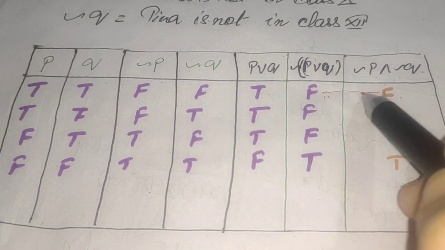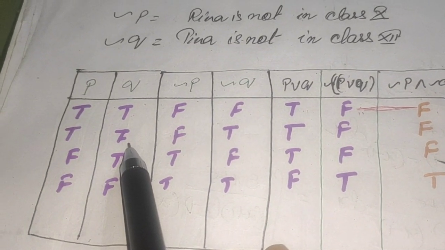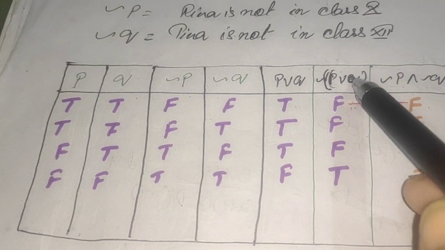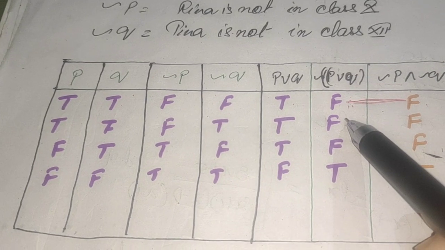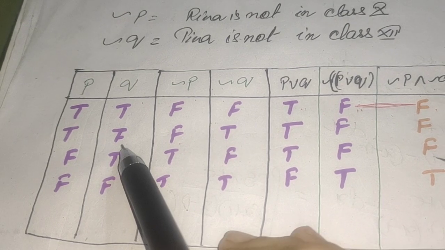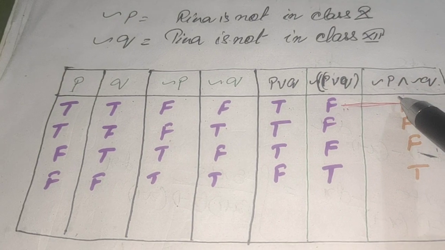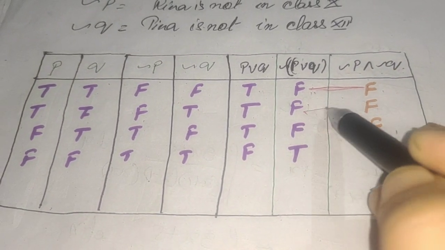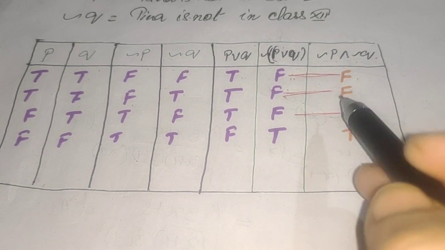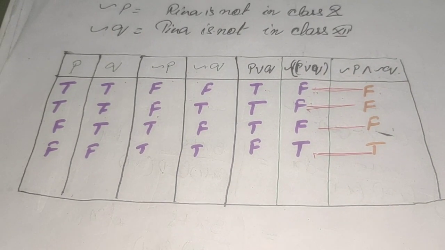You can see these two are same. Again, if P is true, Q is false, then P or Q will be true, but negation of P or Q is false. Now, if P true, then negation of P is false. If Q false, negation of Q is true. So negation of P and negation of Q will be false. Again these two are same. Similarly we can show the false-false case, where these two terms will be same. So like this we can prove through a truth table.